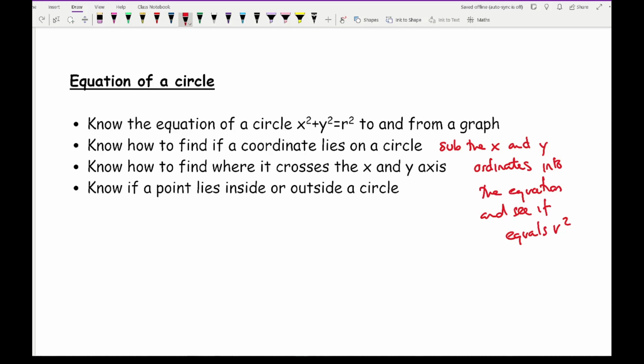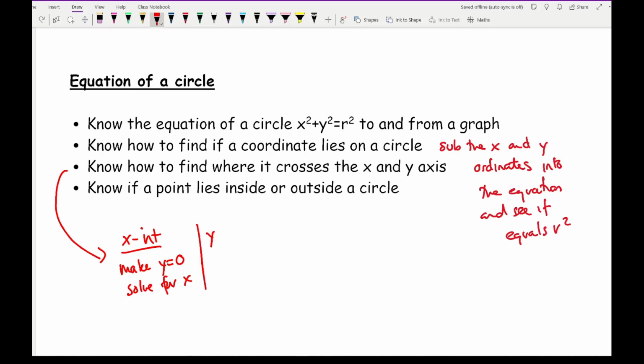You also need to know how to find where it crosses the x and y axes. And again, this is either from a diagram, which would be worth like 1 or 2 marks, if that, and also it's going to be worth more marks if they don't give you a diagram and you still need to work that out. Now, to find where it crosses the x and the y axis, in other words the x-intercept or the y-intercept: to find the x-intercepts, all you do is make y equal to 0 and solve for x.